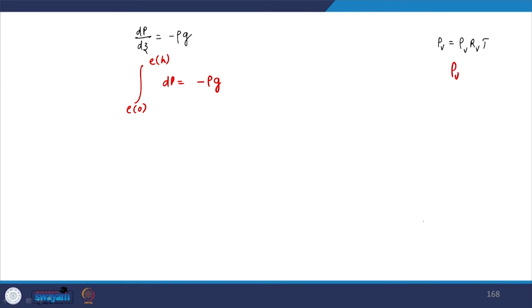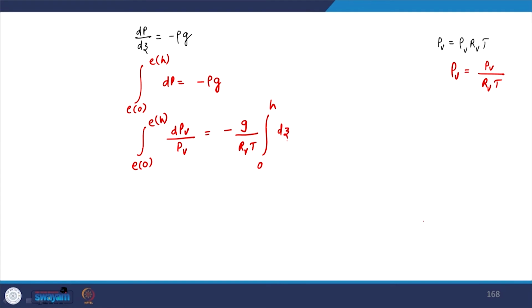And from the ideal gas expression we can write rho v equals P V by R v T. So, if we carry this out, we can write the integral of E from 0 to E of h of d P V over P V equals minus g by R v T times the integral from 0 to h, the correspondence between the pressure and the height, right.